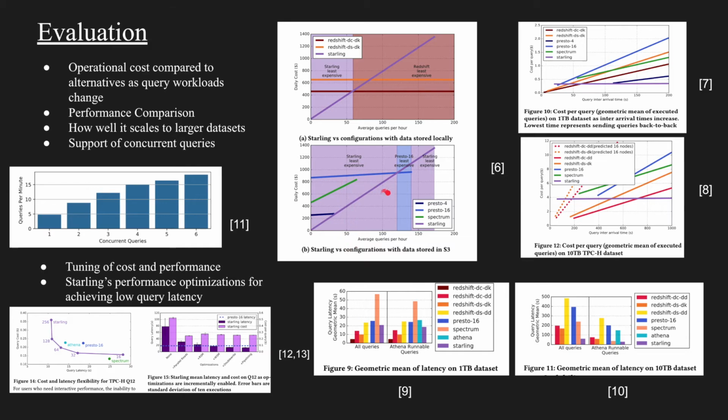A key thing to note about these two graphs is that when it's low, Starling is really good, but when it increases, Starling also increases. But at the same time, its performance is also good. In terms of latency, it is good because it has low latency. And if you look at the cost you spend on a query, you can again see that the cost of Starling is less.